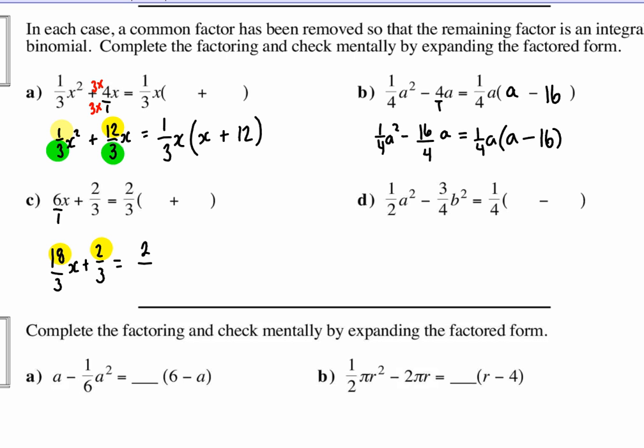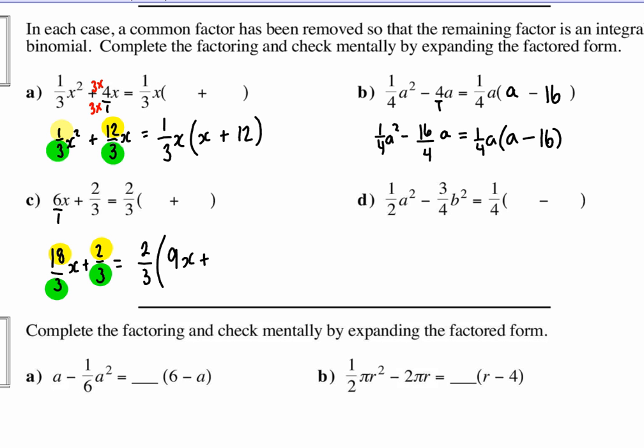And then we could factor the 3 out of the denominator. And is there an x in common? No, just the 2/3. So when I factor that out, I'm left with 18 divided by 2, 9x. The denominator is always gone because we're always factoring out the denominator. That's why we got a common denominator, so we can get rid of it. So always I'm factoring out the 3, and so it's gone.